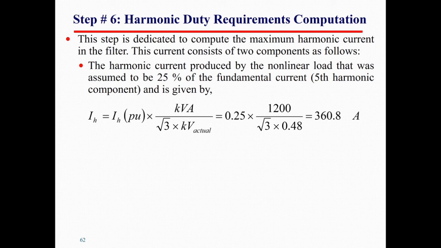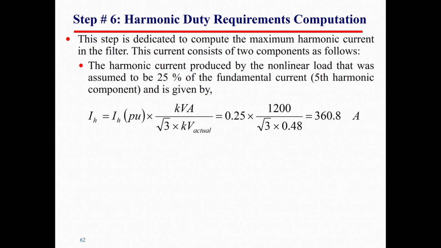Step number 6, we have to check the harmonic duty requirement. Okay, so let's say that this step is dedicated to compute the maximum harmonic current in the filter. So in the filter we have the fundamental current through the filter. We have the harmonic current flow through the filter.